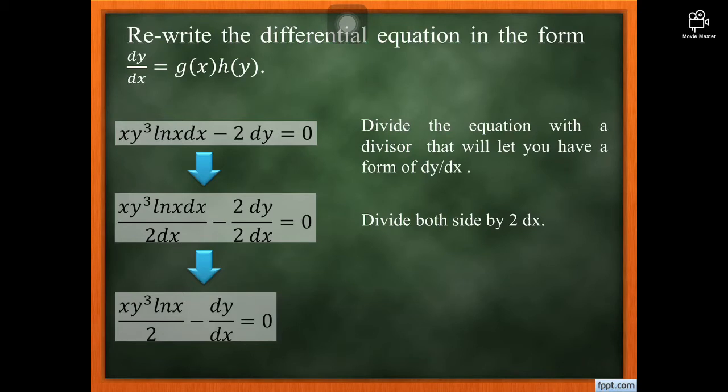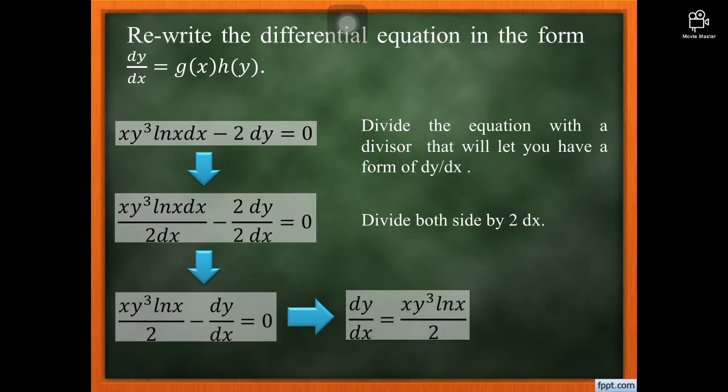So we now have the form of dy over dx. We just need to manipulate the equation to rewrite it as dy over dx equal to g(x) times h(y). So the final answer for step 1 is dy over dx equal to x y raised to 3 ln x over 2.